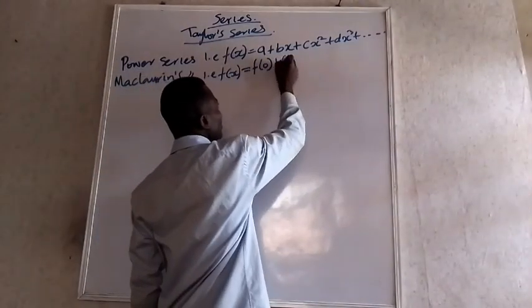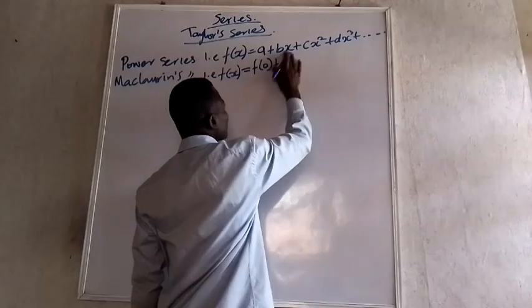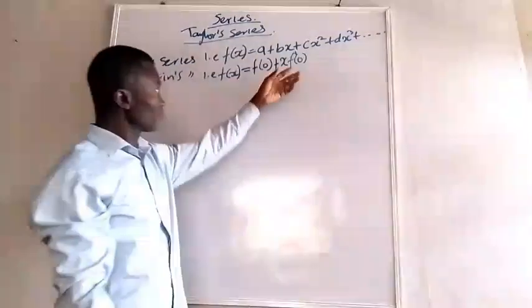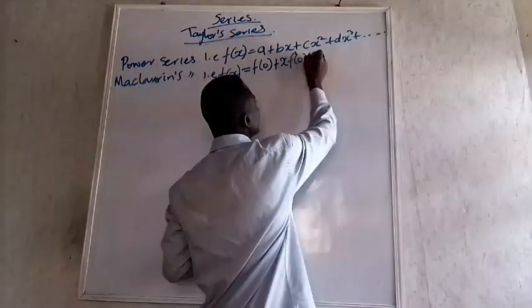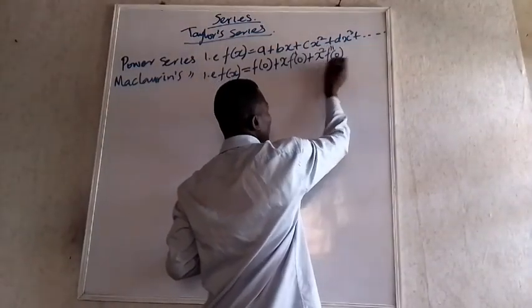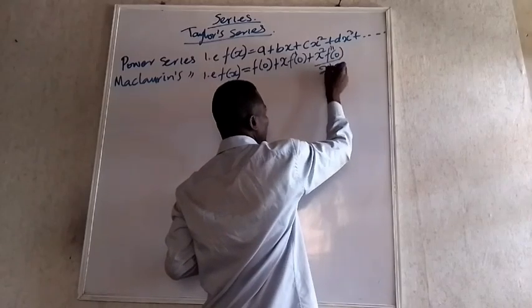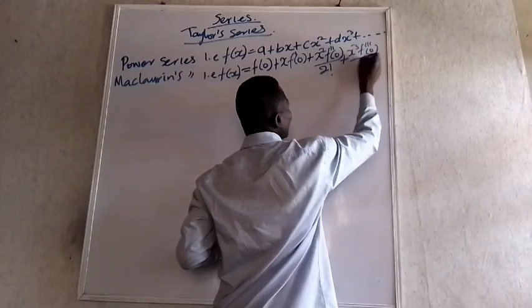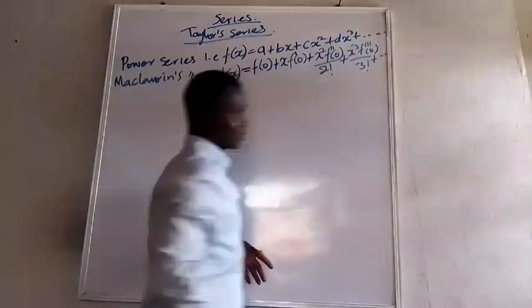B will be x multiplied by the first differential. C will be the second differential at 0, where you put in 0, over 2 factorial. Then the third differential over 3 factorial, plus, like that. You can see.